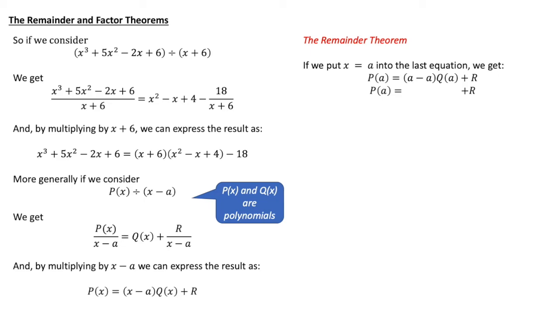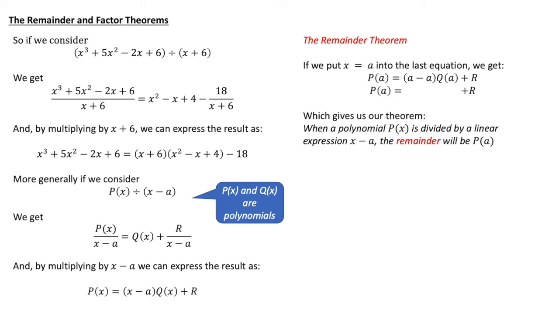And this is giving us the remainder theorem. So the remainder theorem says when a polynomial p of x is divided by a linear expression x minus a, the remainder will be p of a. And notice it's x minus a. And if you ever are wondering when you're using this, oh, is it x minus a or is it x plus a?